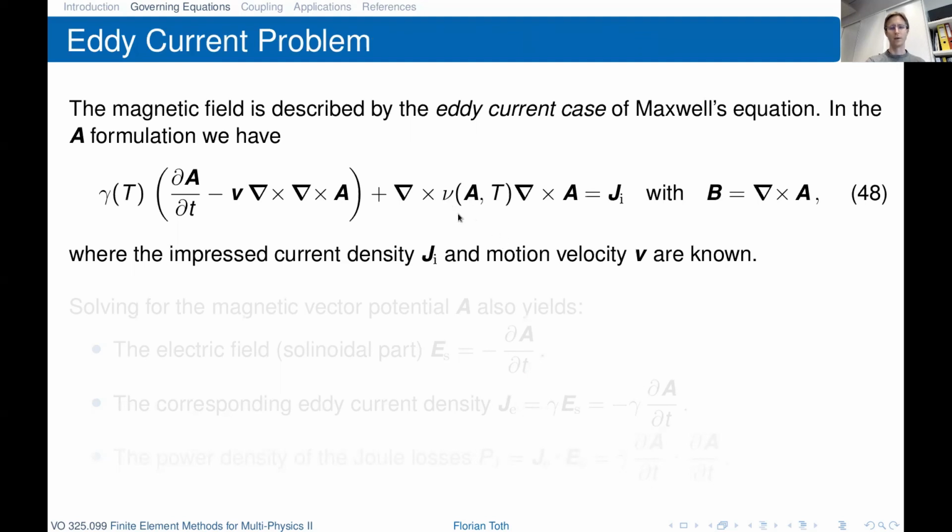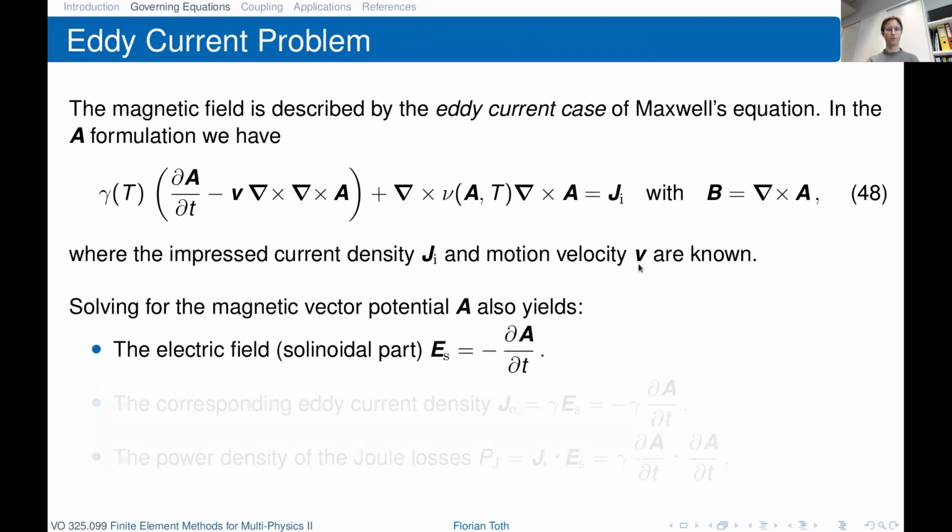We've also taken into account the non-linear material magnetic reluctivity, which might also be not time dependent, but temperature dependent, of course. We know the impressed current density, and we also know the velocity.